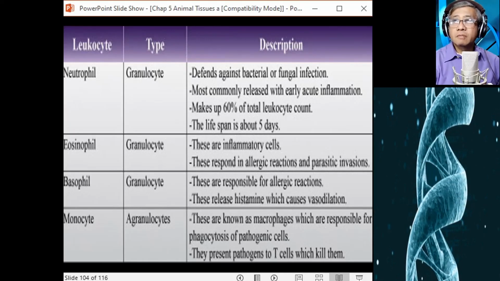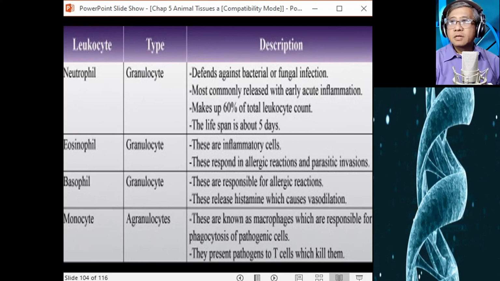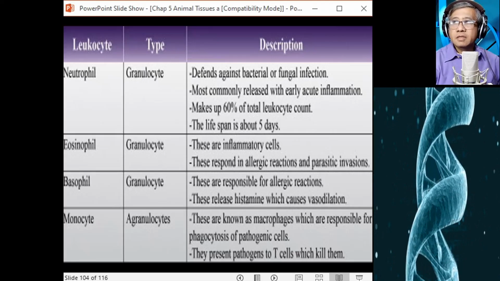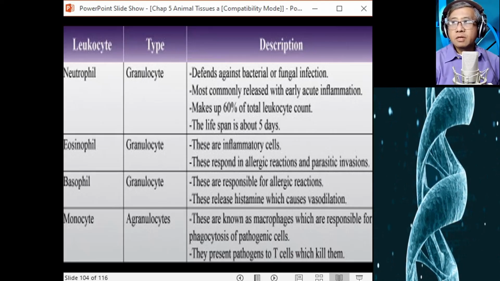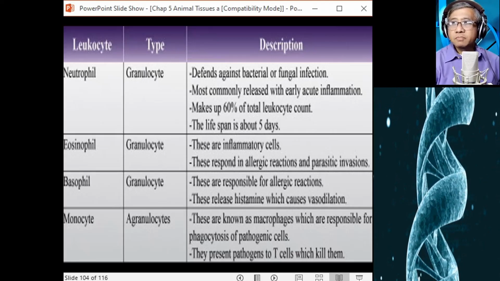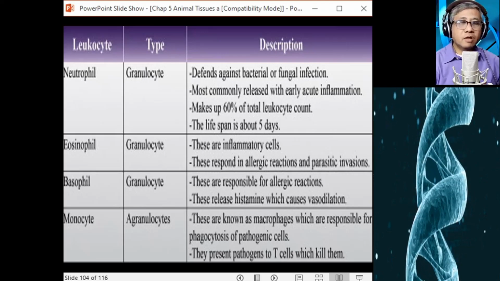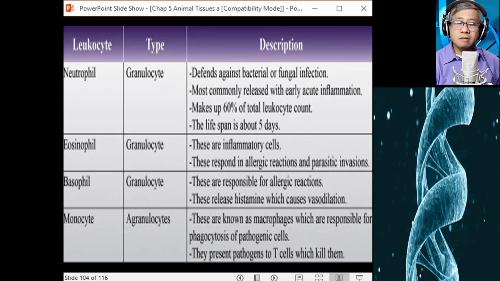They are most commonly released with early acute infection. They make up 60% of the total leukocyte count, and the lifespan is about 5 days. Kasi pag kumain sila, pag nag-phagocytosis sila, they die immediately.